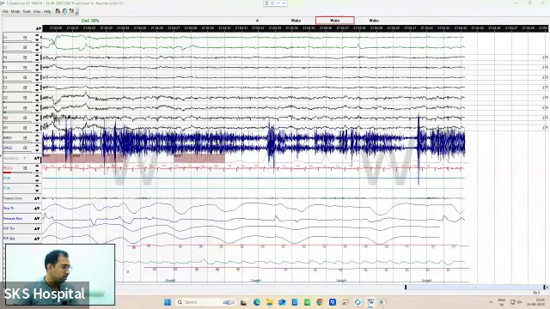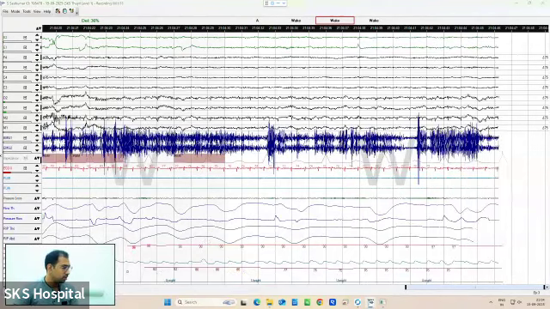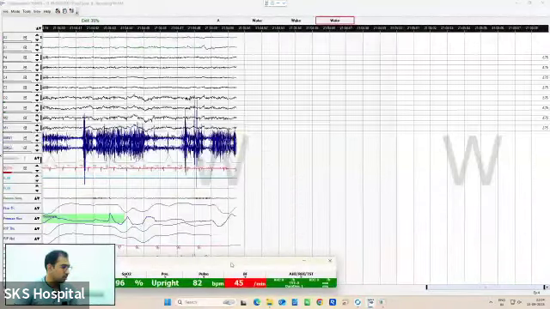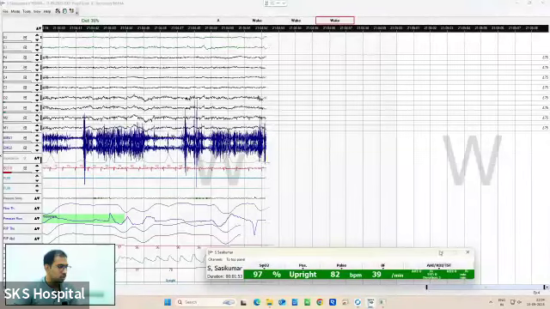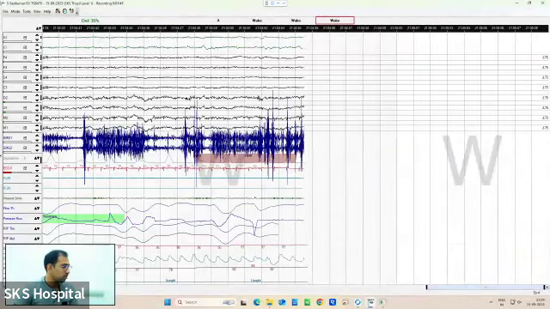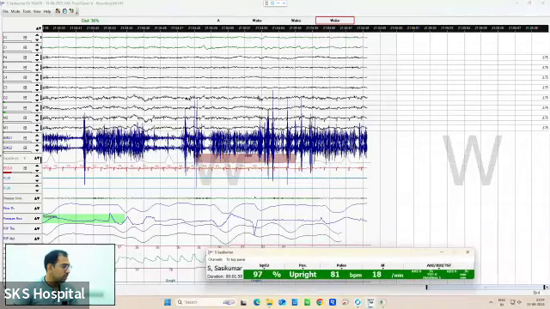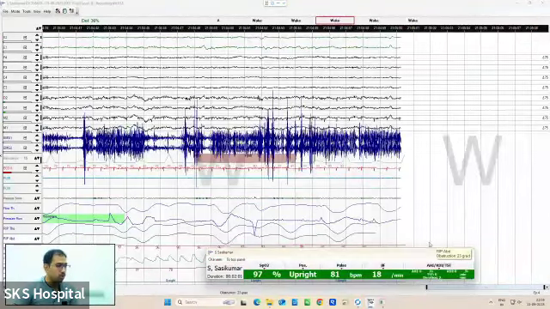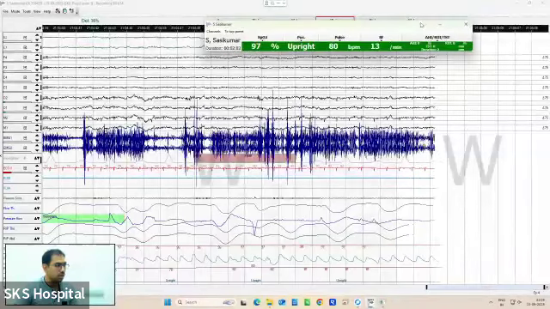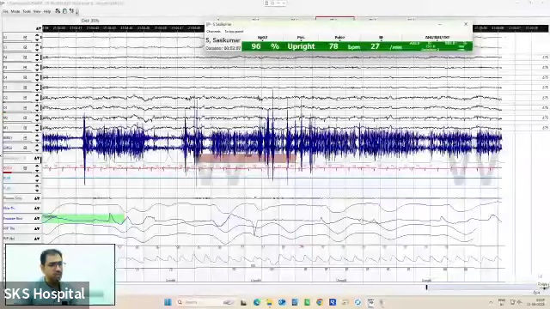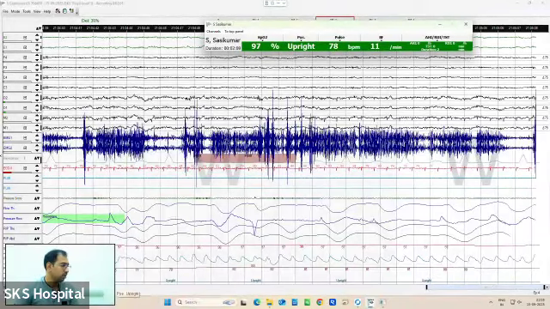So here you can see this 30-second is the total window here. So this 30-second mentioned here is the total 30-second window, as you can see here.